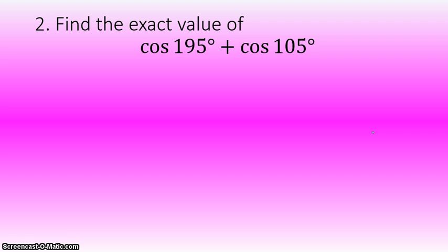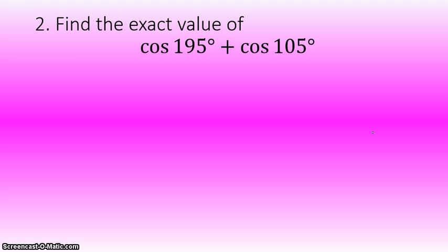Find the exact value of cosine of 195 degrees plus cosine of 105 degrees. So this is a cosine plus a cosine, neither of which is on my unit circle. And I know I'm using my sum to product or product to sum formulas.